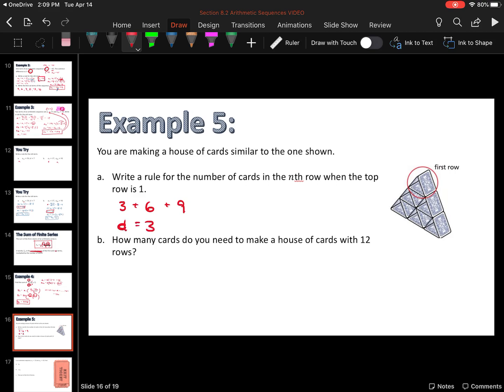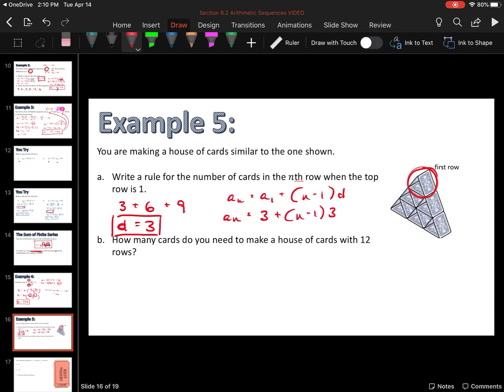And if we need to write the equation for that, I'm going to go back to how we did it before. We have the common difference. We know that the first row we're starting out with is 3 cards. So a sub n is equal to a sub 1 plus n minus 1 times d. A sub 1 is 3. My common difference, I'm going up by 3 each time.